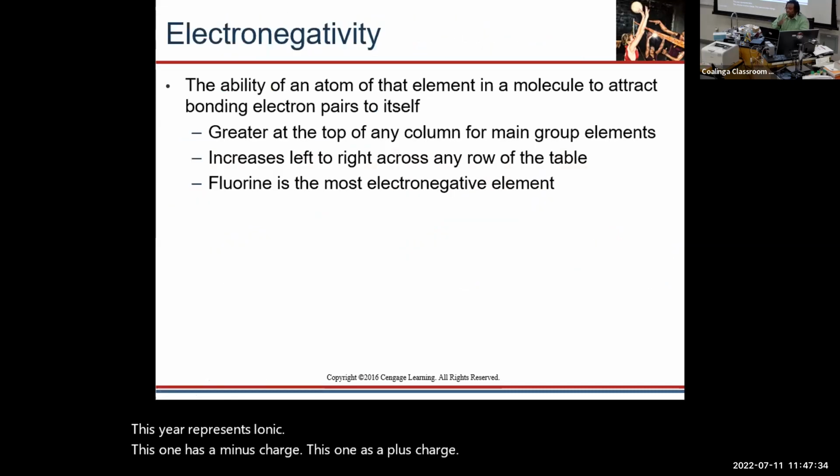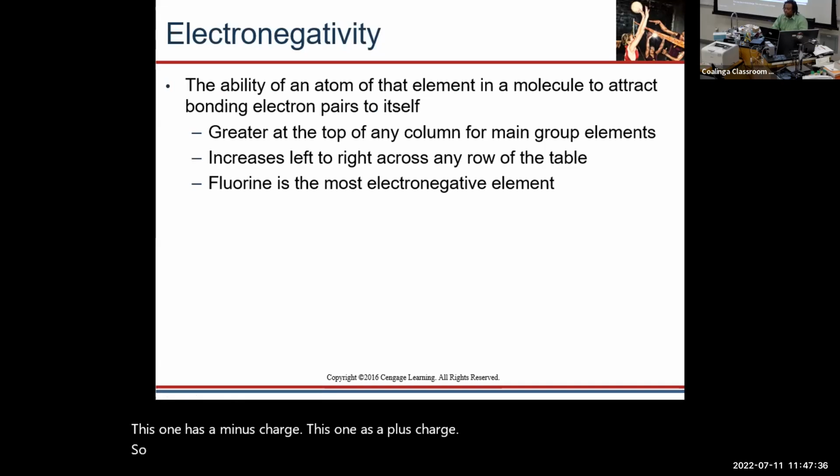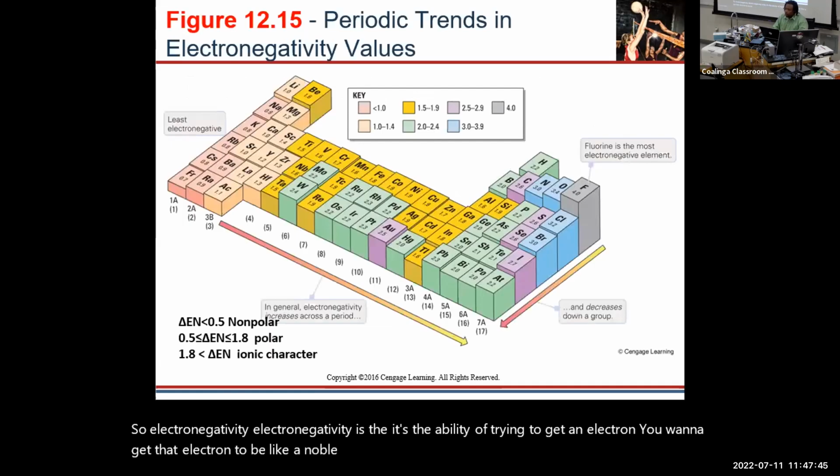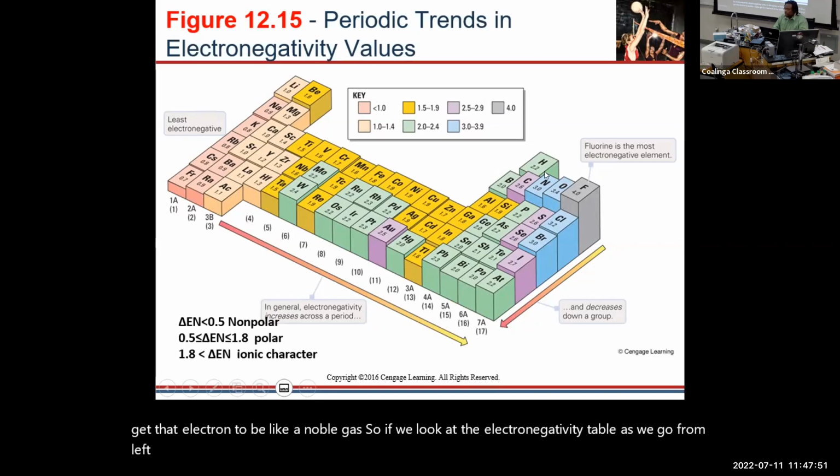So electronegativity. Electronegativity is the ability of trying to get an electron. You want to get that electron to be like a noble gas. If you look at the electronegativity table, as we go from left to right, our electronegativity is going to increase. 4 is going to be the greatest electronegativity, where 0 is going to be the lowest.